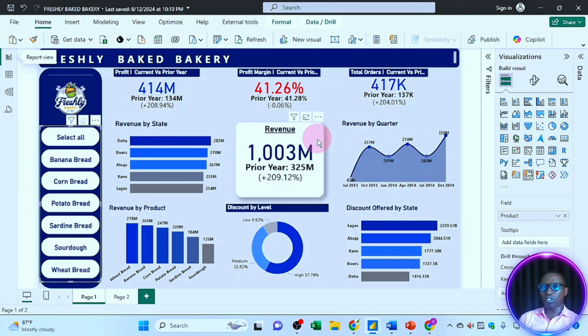From your gross profit, you deduct your operating expenses, then you have your EBITDA, if possible, after which you deduct your depreciation, your amortization, then you have your operating profits or EBIT.